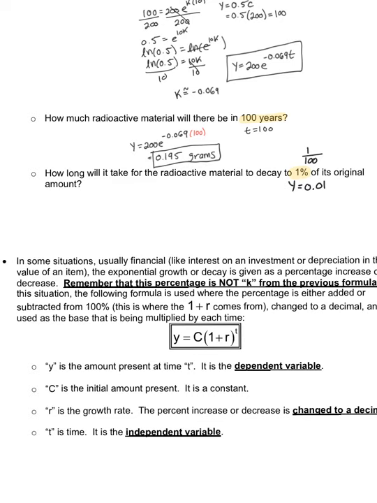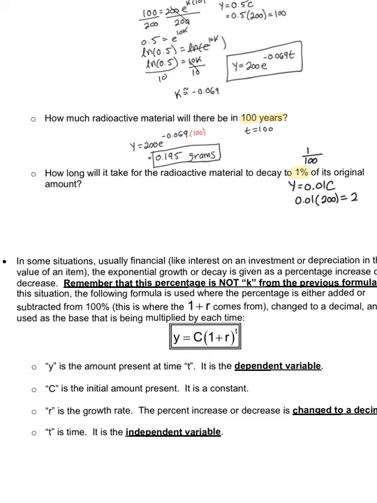And it's 1% of C. So I'm going to put a C because C would be my original amount, and I'm taking 1% of that. So if I multiply 0.01 by C, my C is 200. 1% of 200 would be 2.